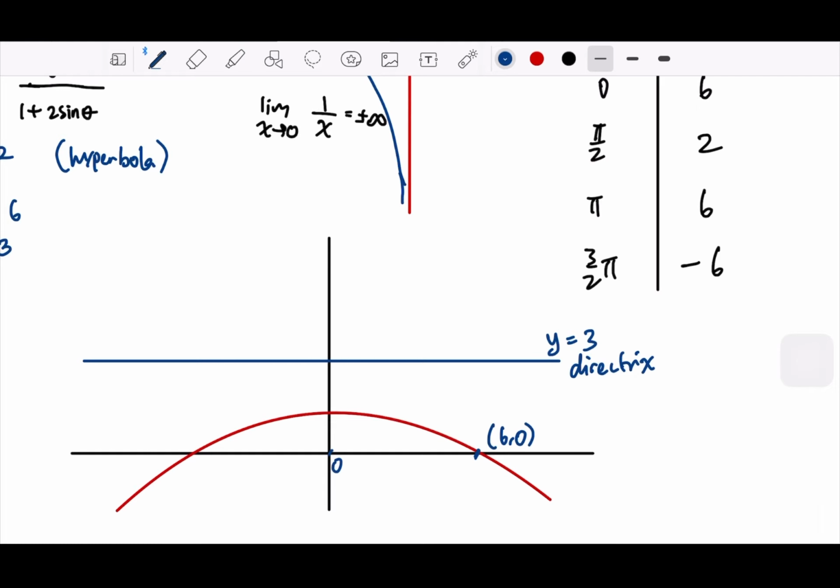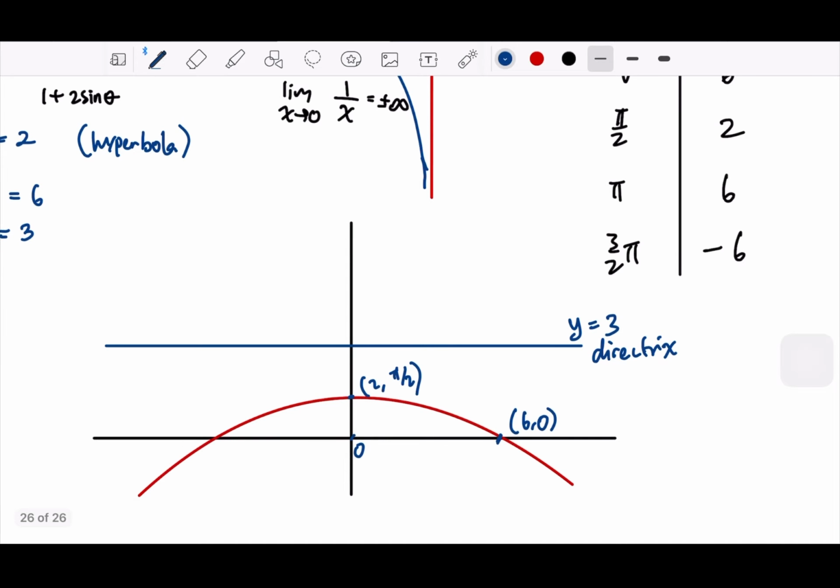Start from the right, from the angle 0, and then we move to pi over 2, around here. That is 2, pi over 2, and 6 will be here. And 3 over 2 pi will be negative 6, right? And how do we write negative 6 in terms of polar?